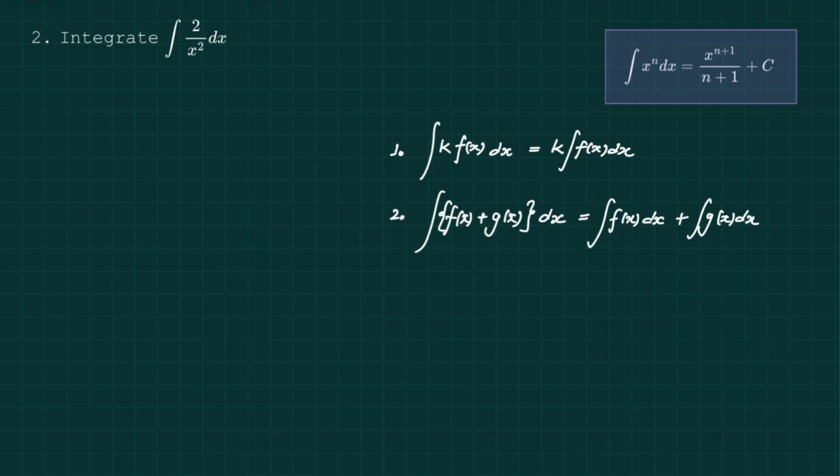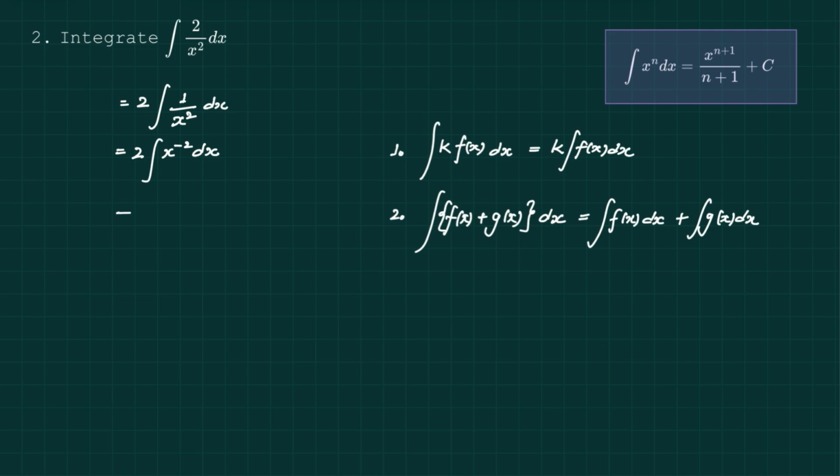Now since in question number 2 there is a constant 2 here, I can take out this 2 outside the integration using property 1, then here it will be 2 integration of 1 by x squared dx. This equals 2 integration of 1 by x squared, which is x to the power minus 2 dx. Now again, this is in formula number 1, that is x to the power n dx.